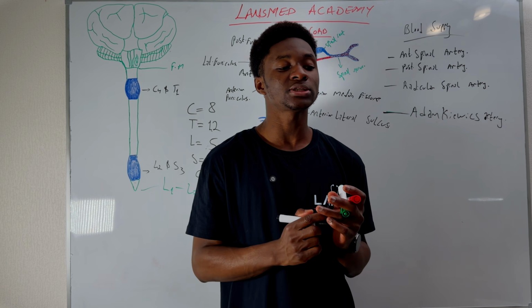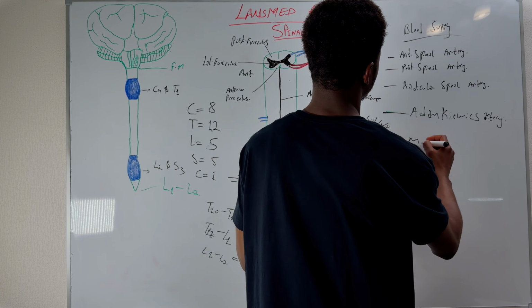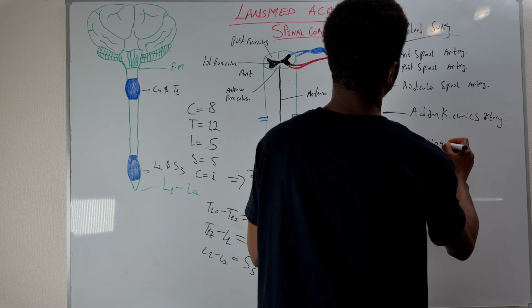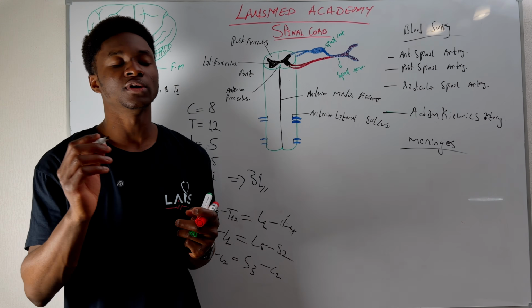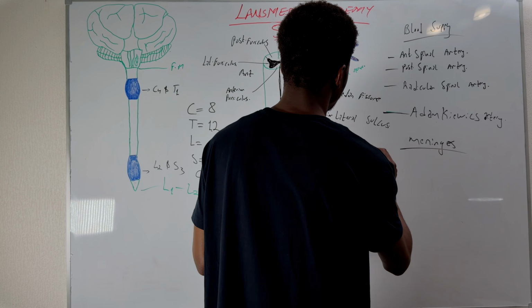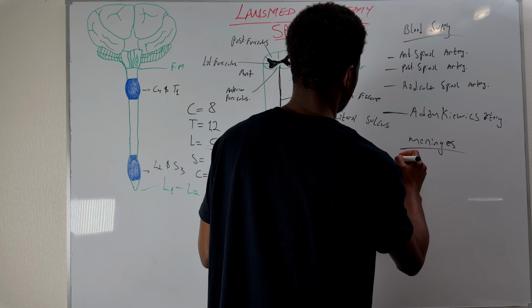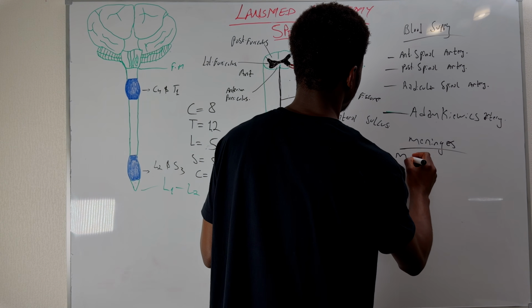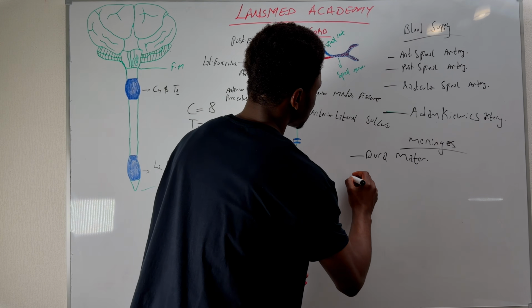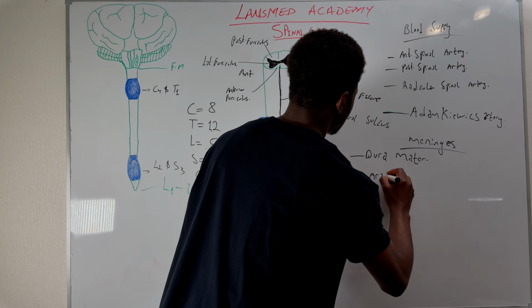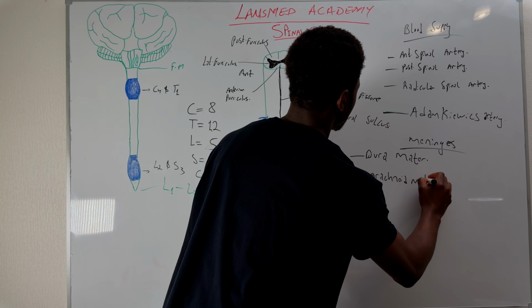And so lastly, let's look at the meninges. For the spinal meninges, we have the dura mater, which is a thick fibrous layer. The next, we have the arachnoid mater.